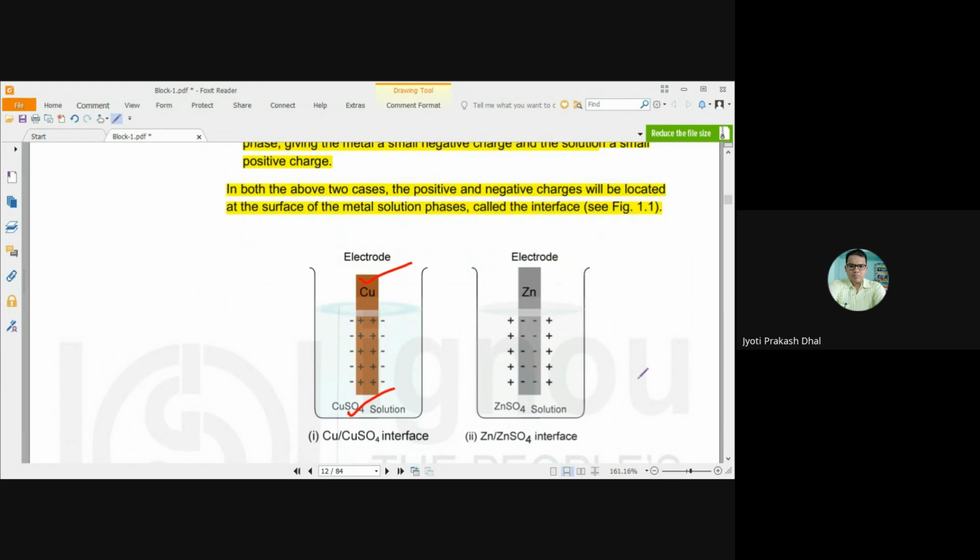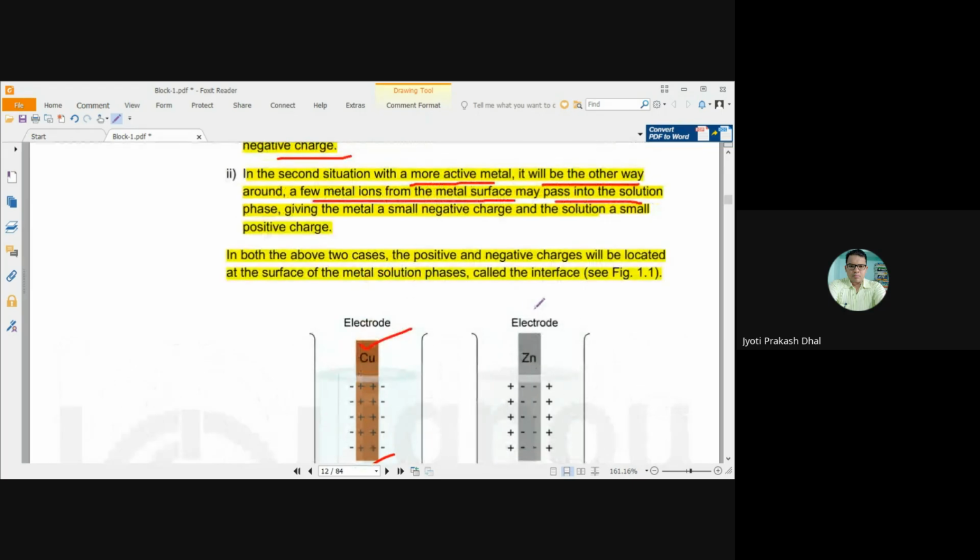As these are more active atoms, they will go into the solution in the form of Zn2+, leaving two electrons on its surface. So the electrode surface will become negatively charged, giving the metal a small negative charge and the solution a small positive charge.